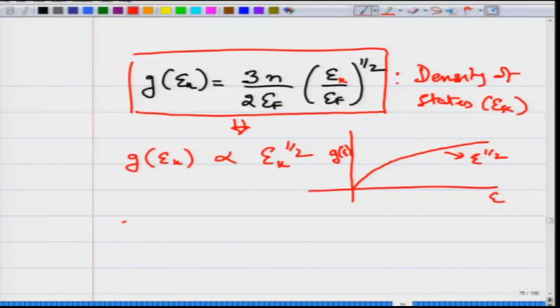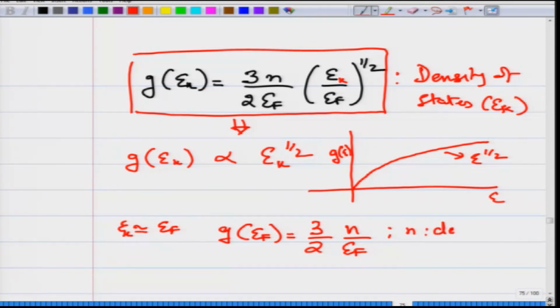So, if your energy E_k is close to E_F, then the density of states at E_F is 3 by 2 n by E_F, where n is the density of electrons in the solid and E_F is the Fermi energy.